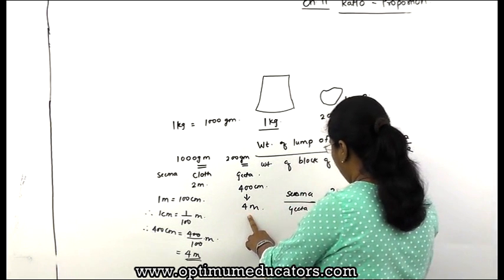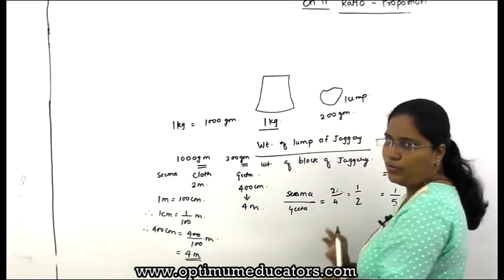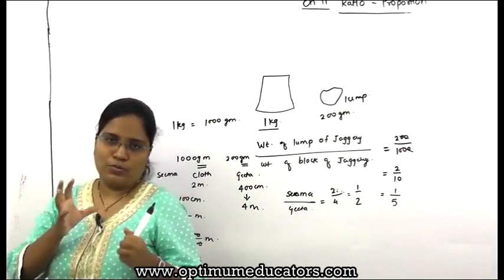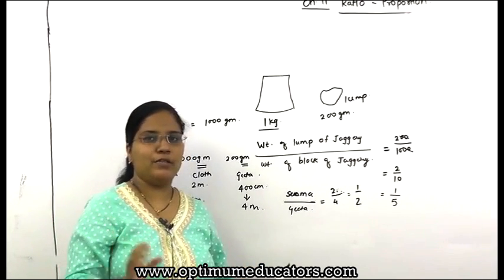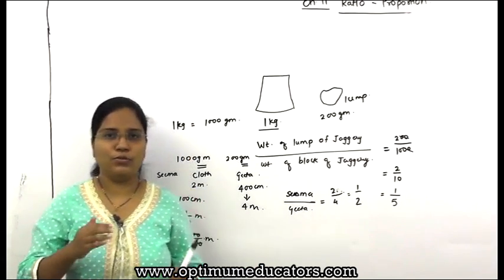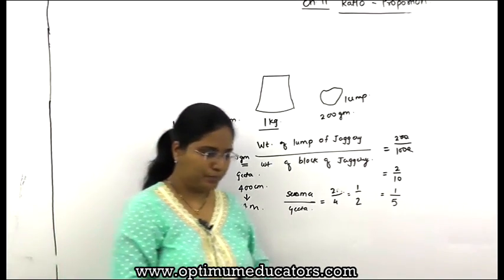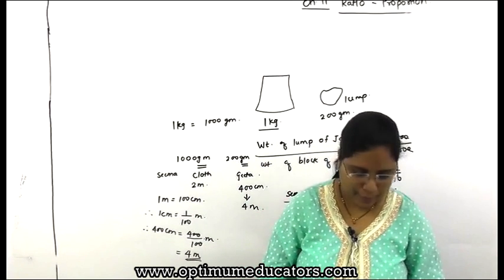So it is 2 is to 4, that is nothing but 1 is to 2, isn't it? So whenever two elements of the same kind are in different units, the first thing you will do is to bring them into the same unit and then find out the proportion. Now one last example, after which we are going to solve the practice set.